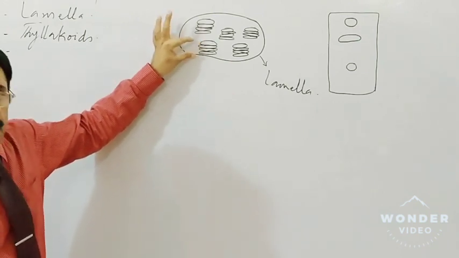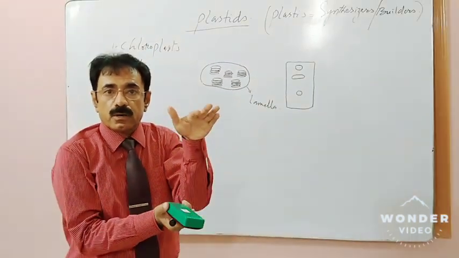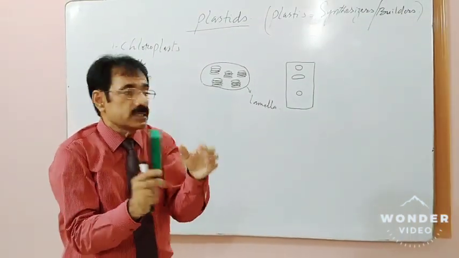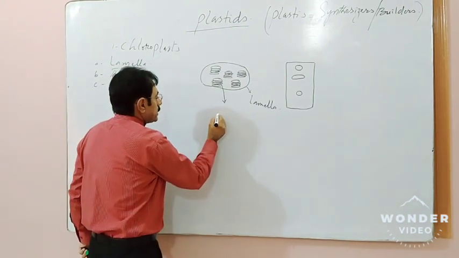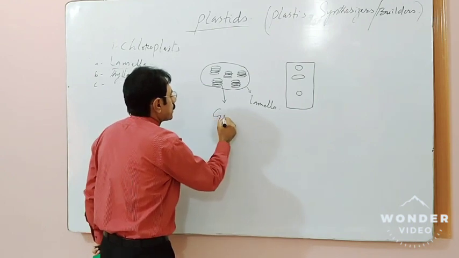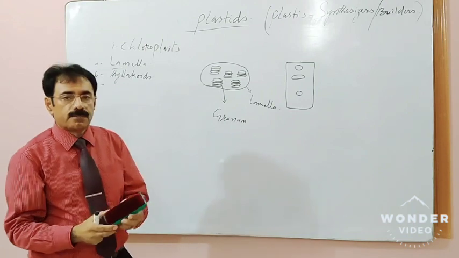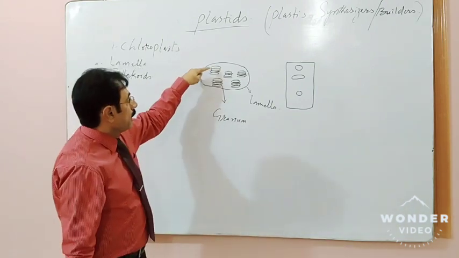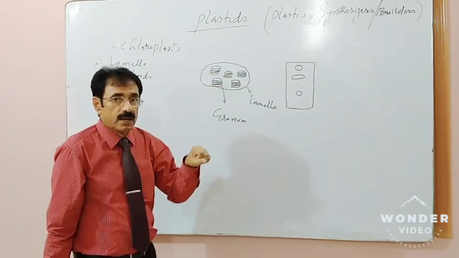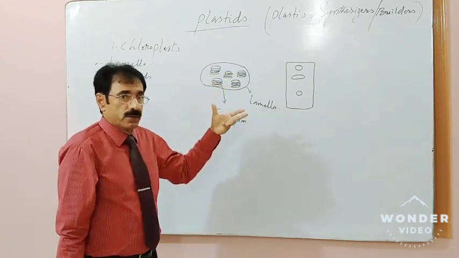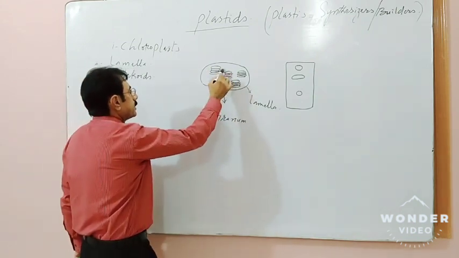When many thylakoids are stacked over each other to form a cluster of the thylakoids, this cluster is called granum. Granum for singular, and for plural grana. This is one granum, and all these four, five are grana for plural. Inside the grana there is a fluid.